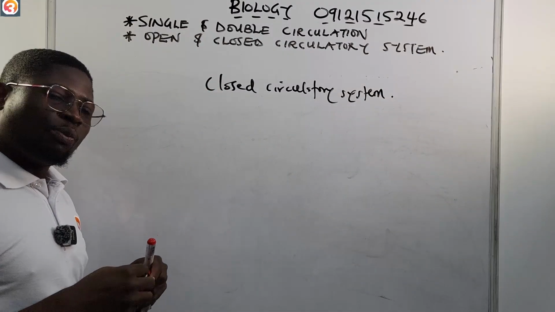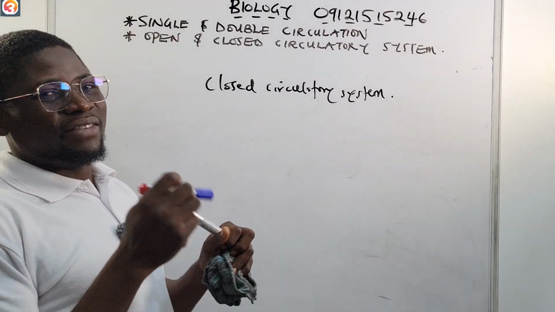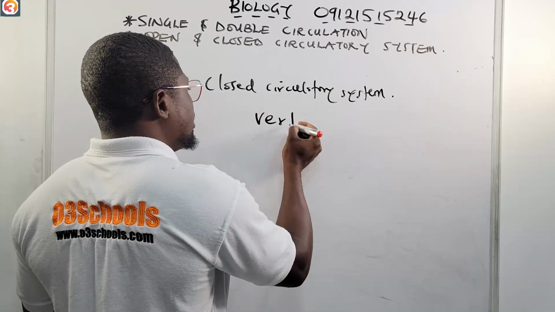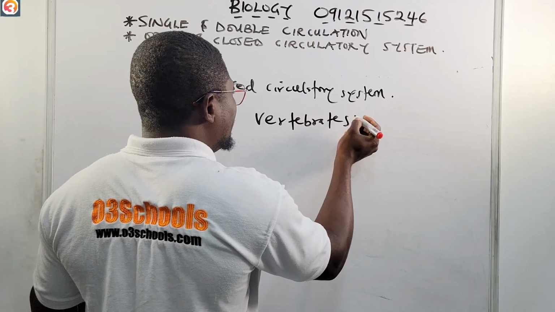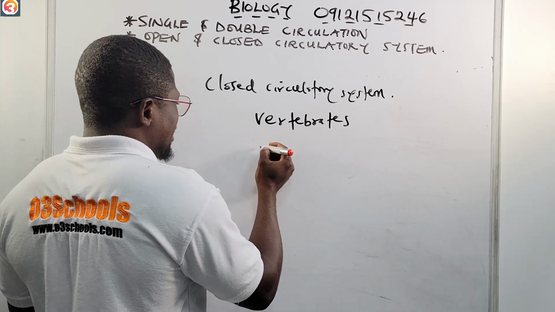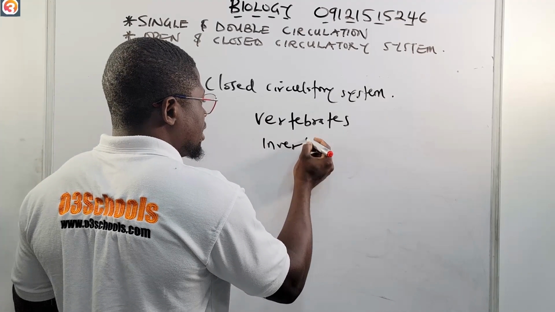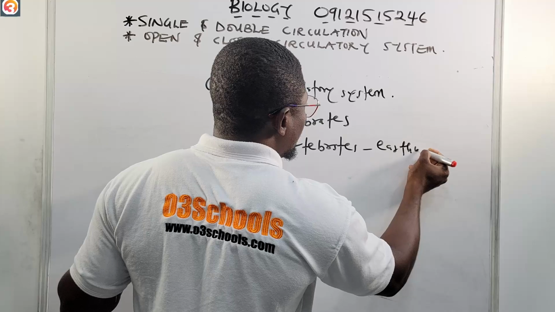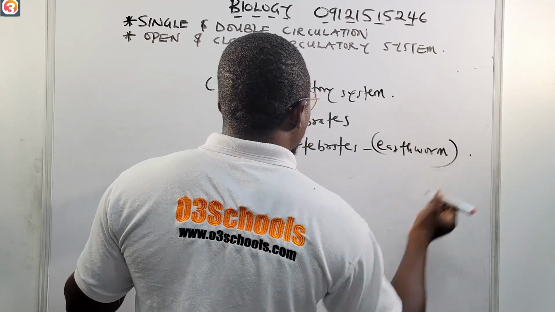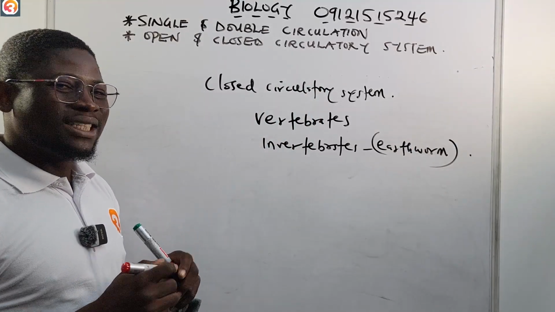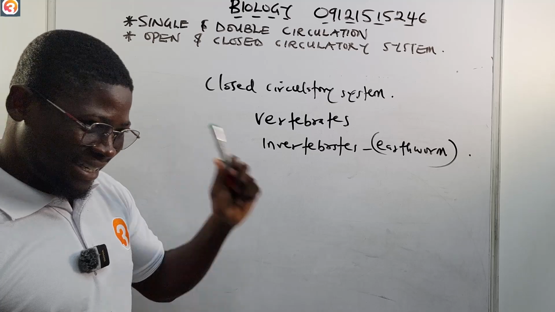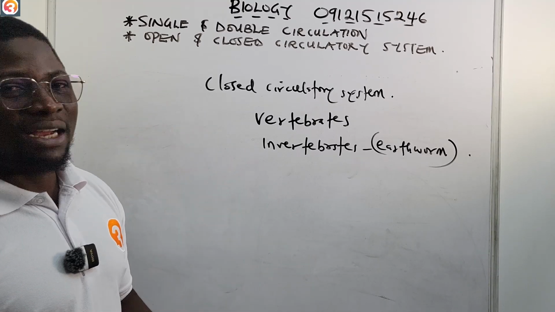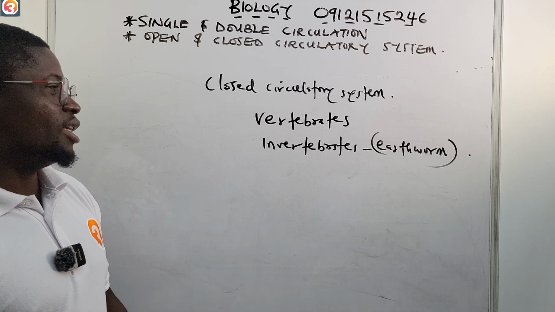We did say that open circulatory systems are found in invertebrates, but a closed circulatory system is found in vertebrates and a few invertebrates, like the earthworm. Take note, this is an exam question I would ask if I were an examiner. So earthworms have a closed circulatory system.